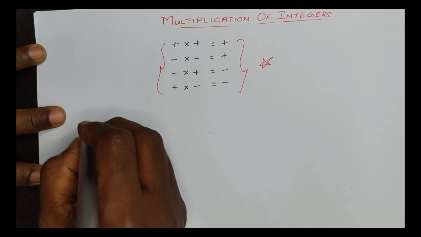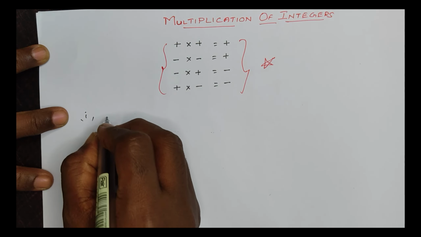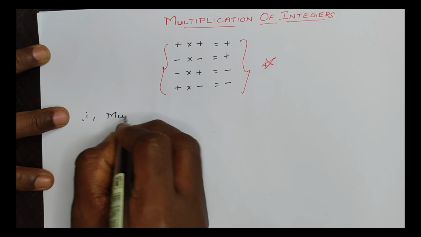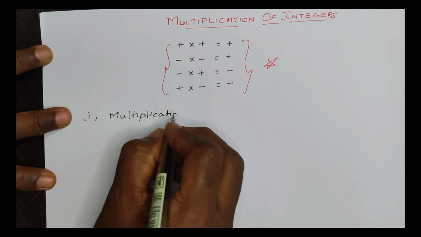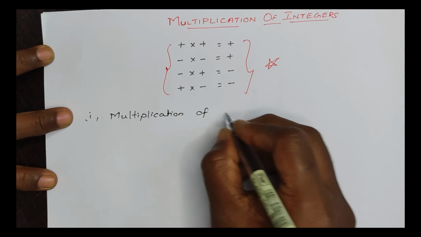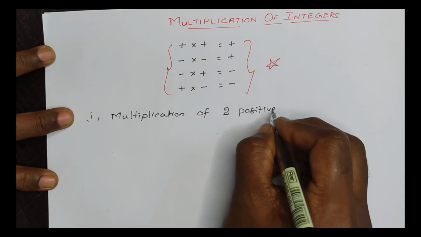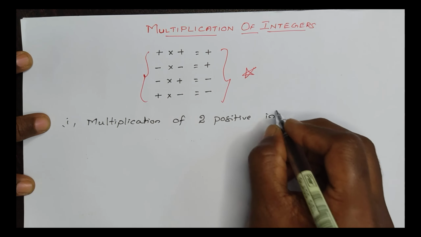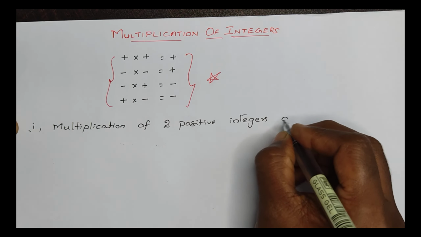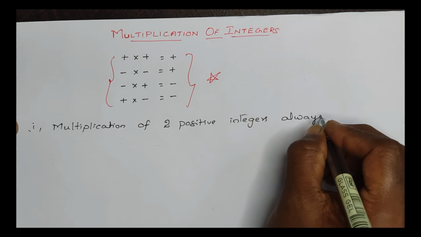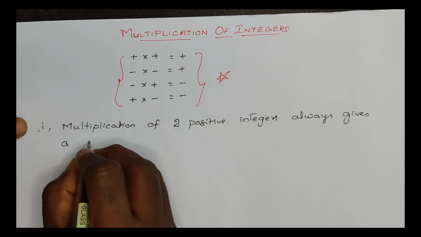So the first point that you have learned here is multiplication of two positive integers always gives you a positive product.